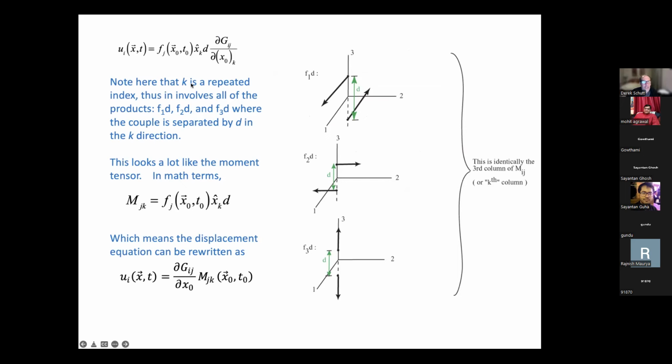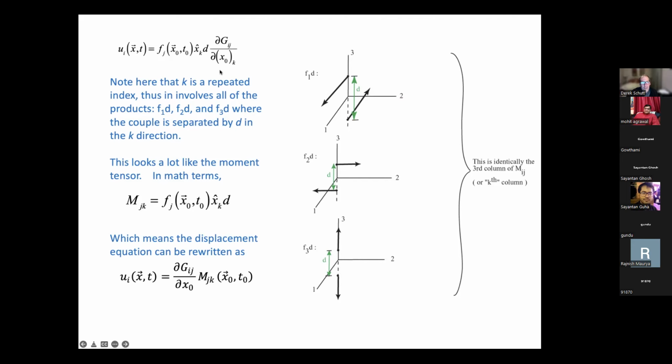And note that k is a repeated index. So this involves all the products f1 times d, f2 times d, f3 times d, which is just a whole bunch of possible fault couples separated by distance d.